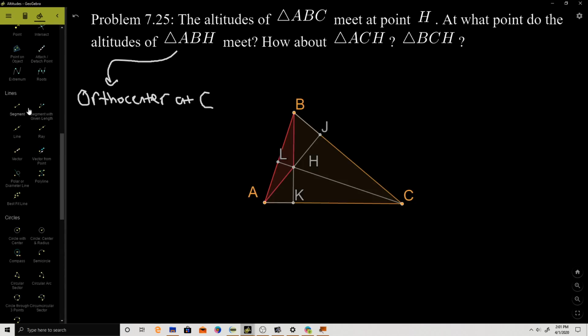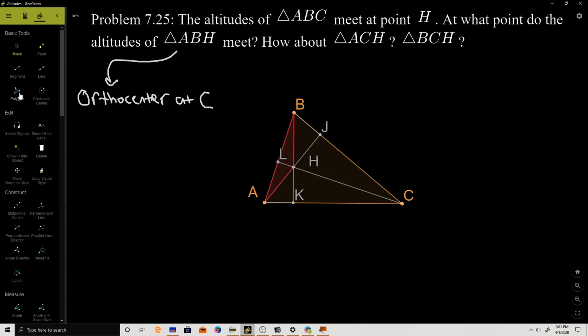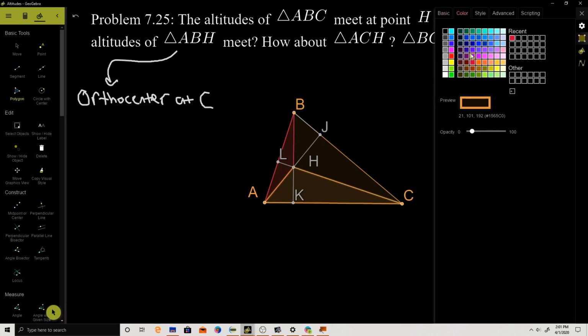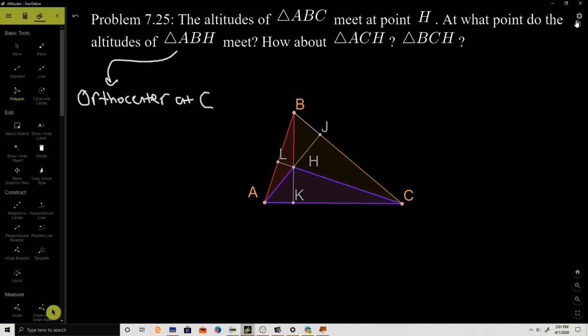So, next triangle I'm going to work with is ACH. And I'll make that triangle purple. There we go.